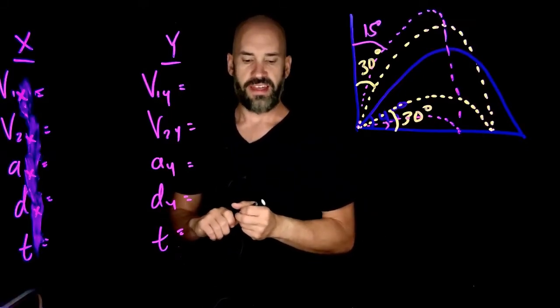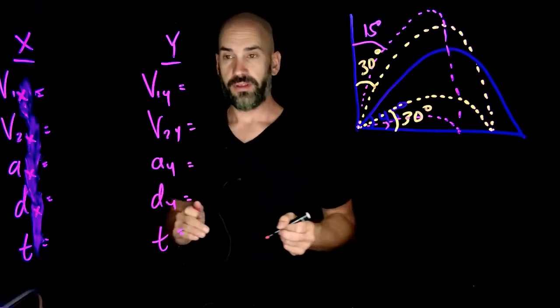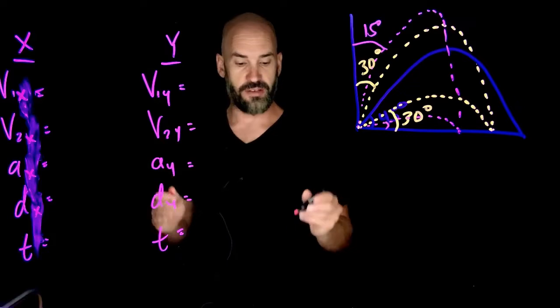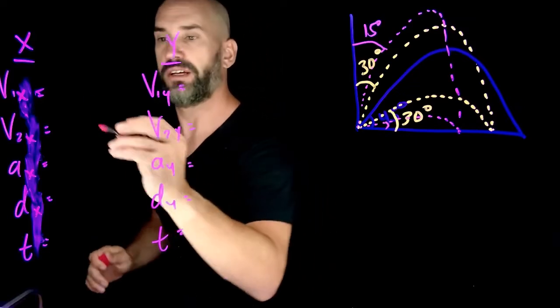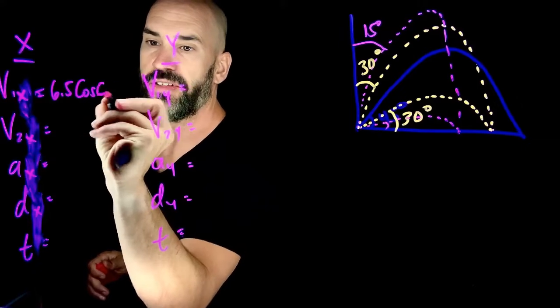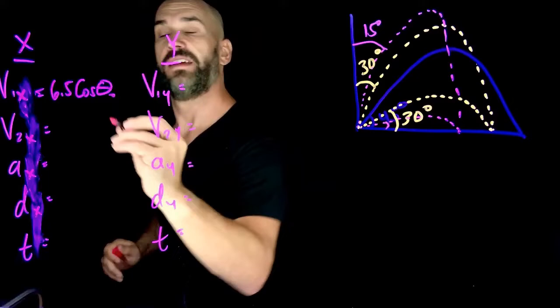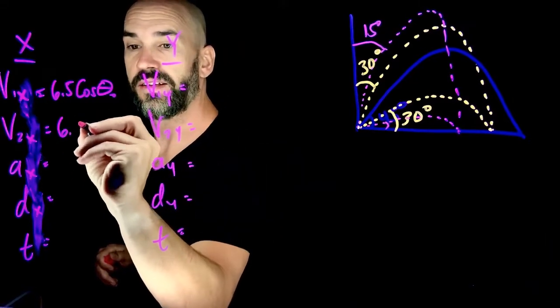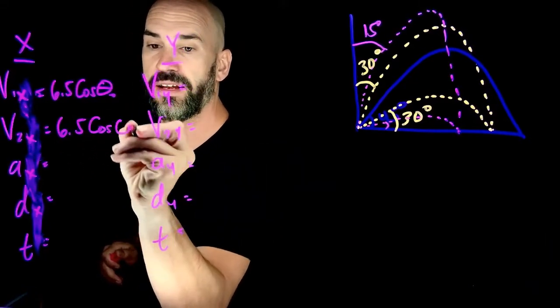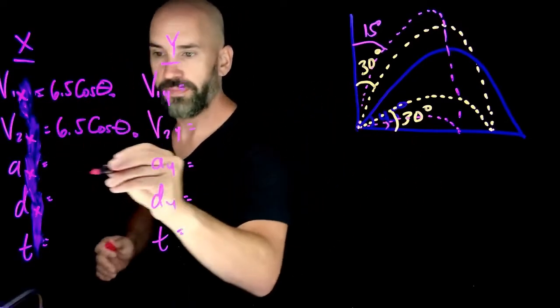We know that the x component should be the actual speed of the water, which they say is 6.5 meters per second here. So that's going to be 6.5 cosine of theta naught, the angle that we're looking at. And you guys by now know that this guy over here is going to be the same, 6.5 cosine theta naught, right? ax is 0, right?